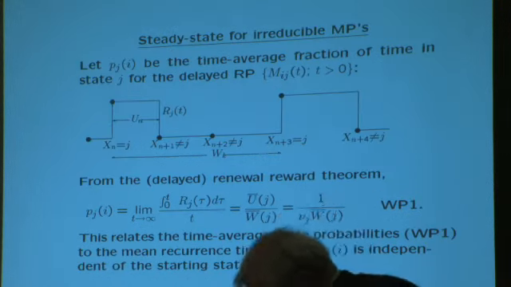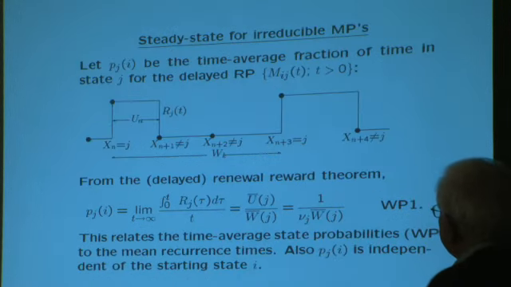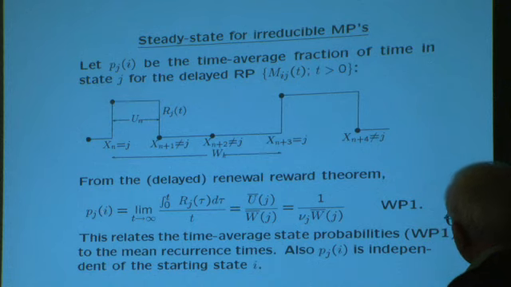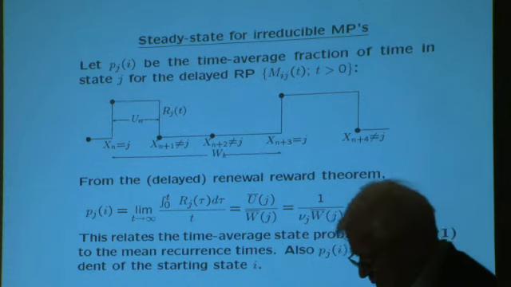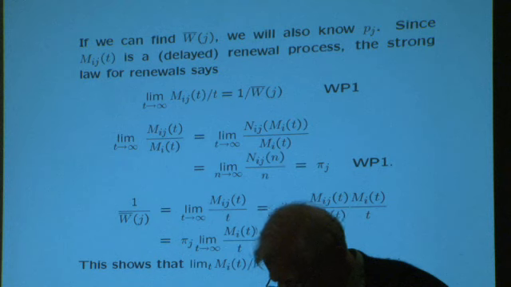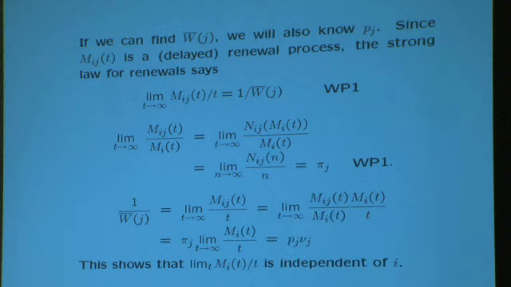That's what we proved right down here. P sub j of i is equal to 1 over nu sub j times w sub j. Okay? Except now we're just calling it P sub j because we've already seen it doesn't depend on i at all. So 1 over w sub j is equal to P sub j times nu sub j. This says if we know what w sub j is, we know what P sub j is.